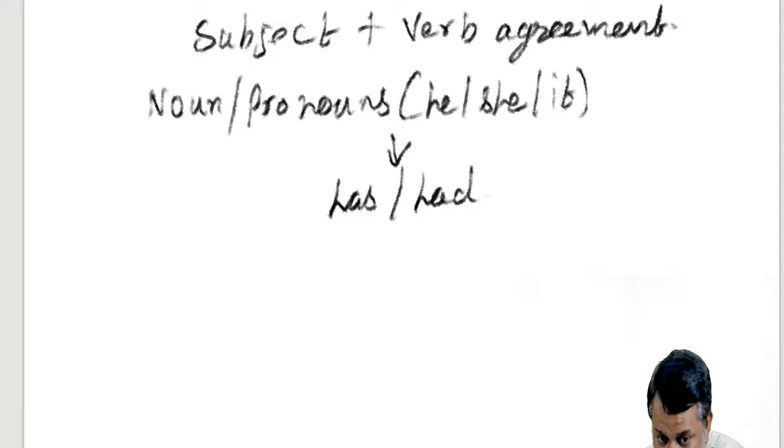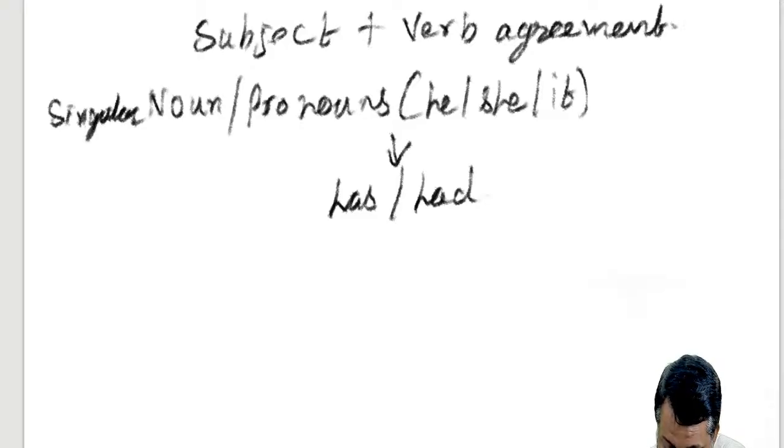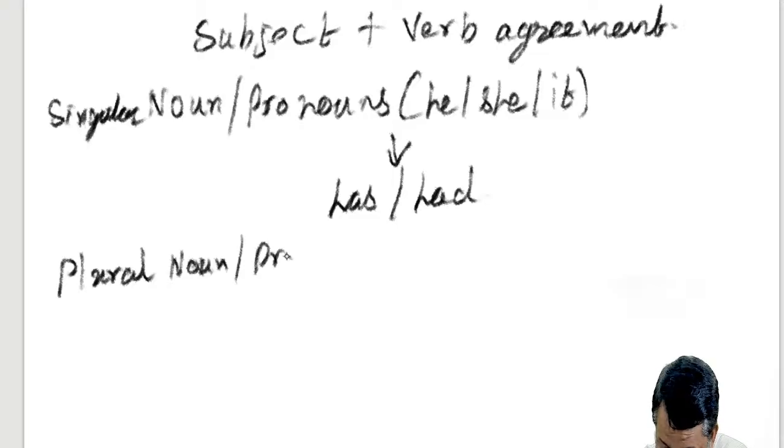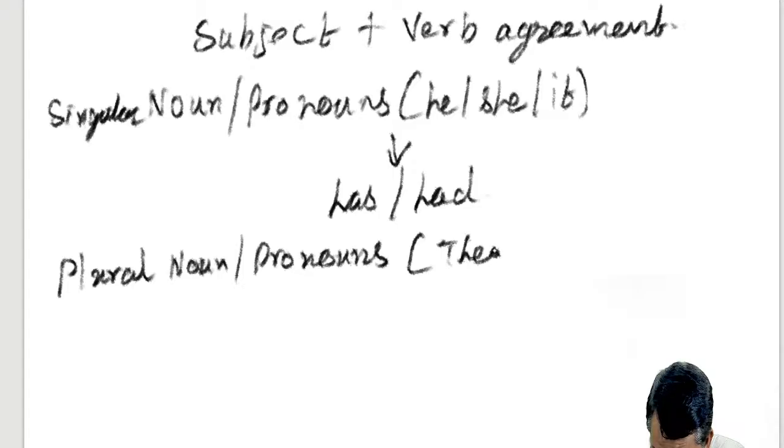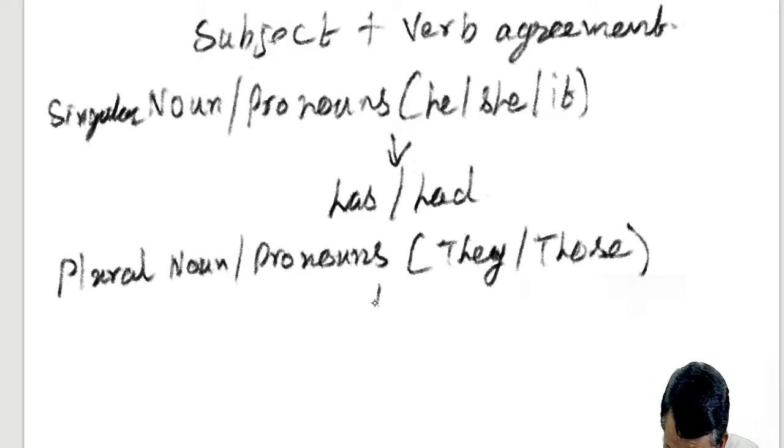When it comes to plural nouns or pronouns, that is usually they, those, etc., is always followed by have.